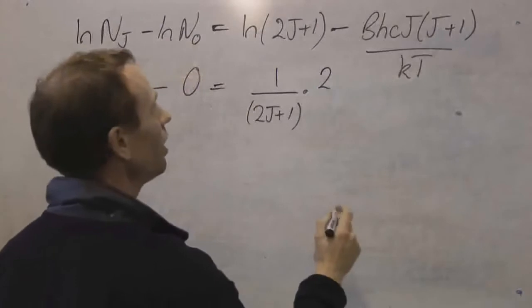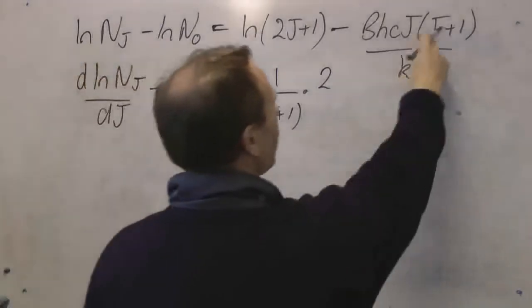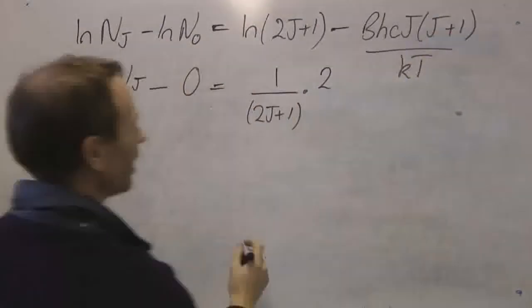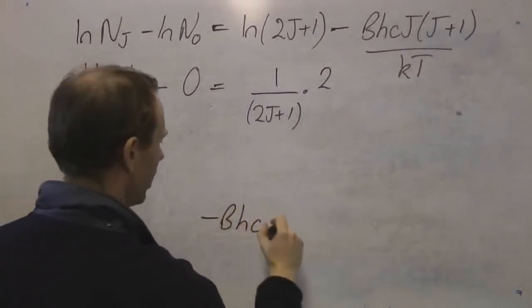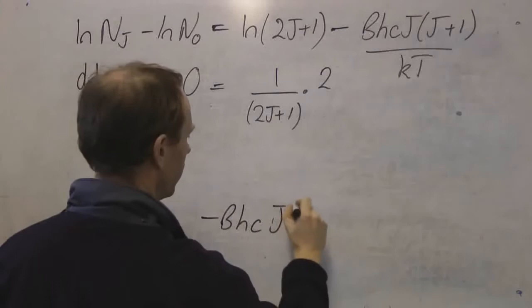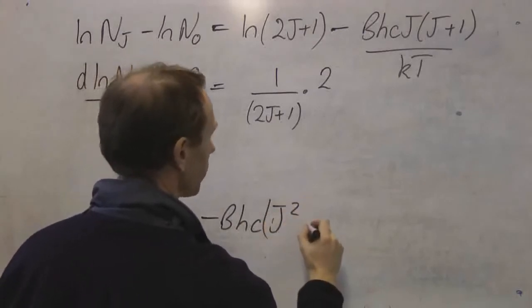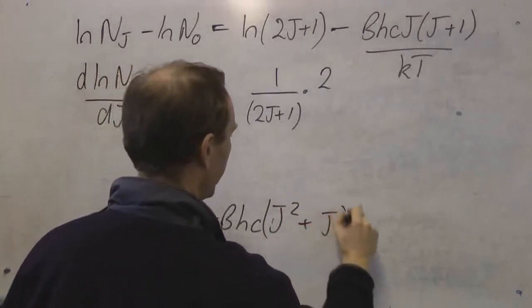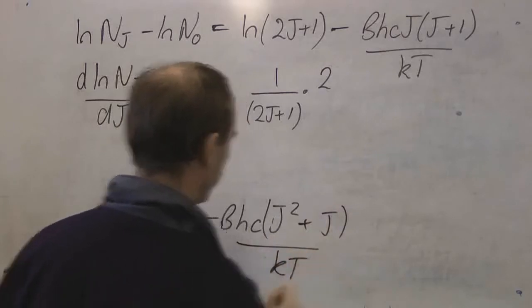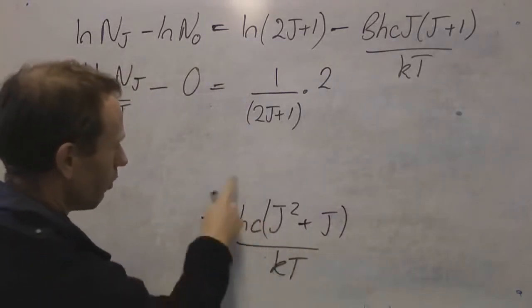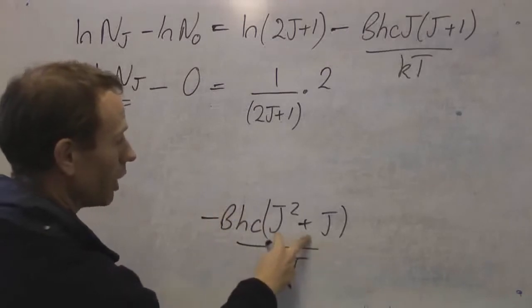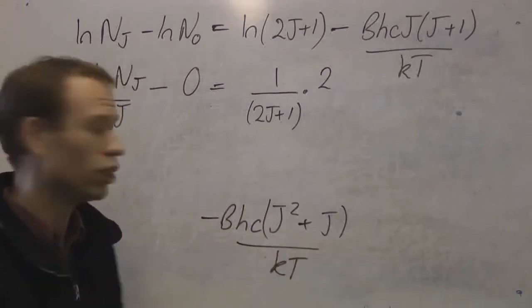This next term is a little bit more complicated, but if we expand these brackets here, we end up with minus bhc j squared plus j upon kt. So we can see what we have here is a constant factor in front, and we need to differentiate j squared plus j with respect to j.